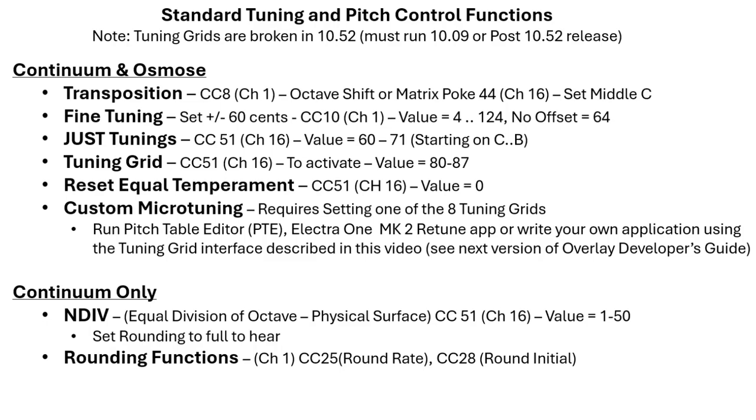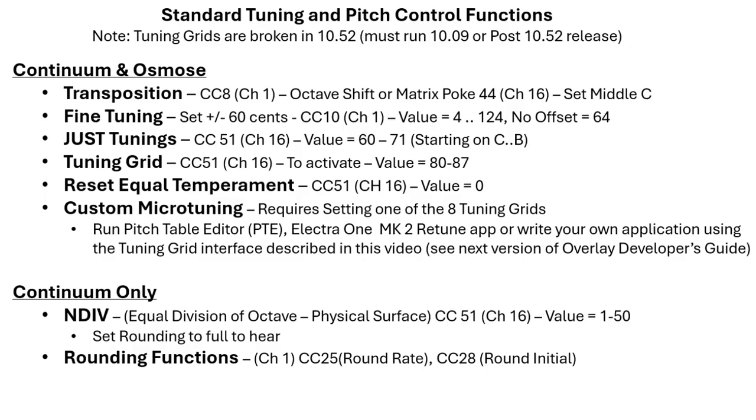Now let's start by talking about the tuning control functions that already exist, most of which are in the editor, some of which are on board on the Osmos or Continuum. And these fall into two categories, one which support both the Continuum and the Osmos, and the other are Continuum-only functions. So first thing, transposition.